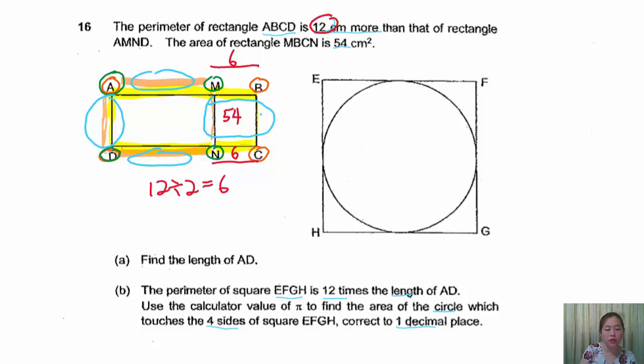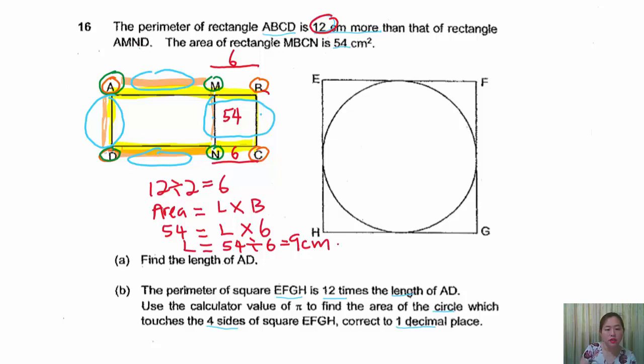So we know that to find the area of a rectangle is actually length times breadth. The area is actually 54 is equal to, this is the longer part, so let's call this the length, multiplied by the breadth, which is 6. So the length is actually equal to 54 divided by 6, which is equal to 9 cm.